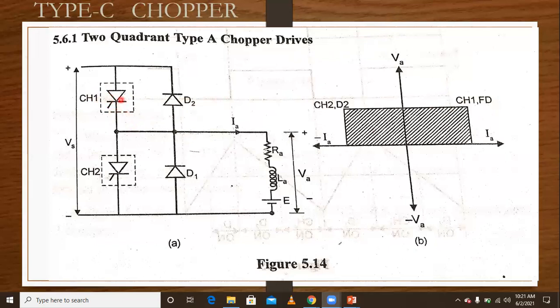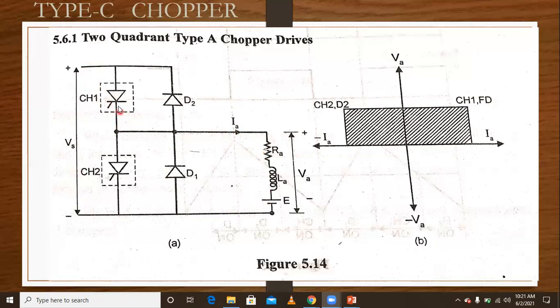So like this, the armature voltage is fed to the DC machine, and therefore the armature current increases.